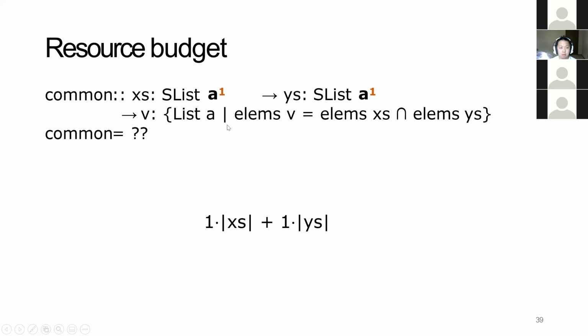Here one means that we have one potential for each element in the list xs, and the other one means we have one potential for each element in ys. So the total potential we have is 1 times the size of xs plus 1 times the size of ys.